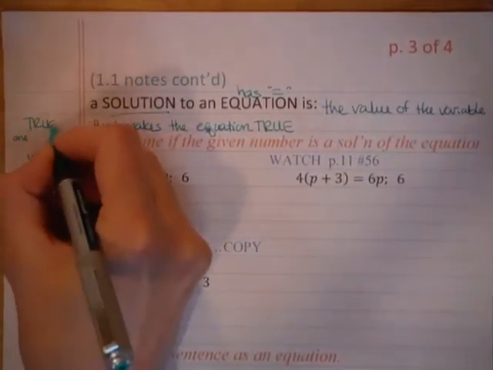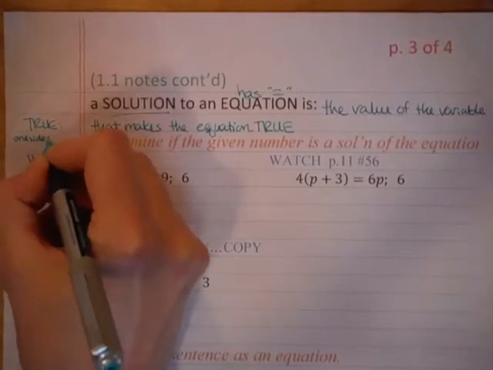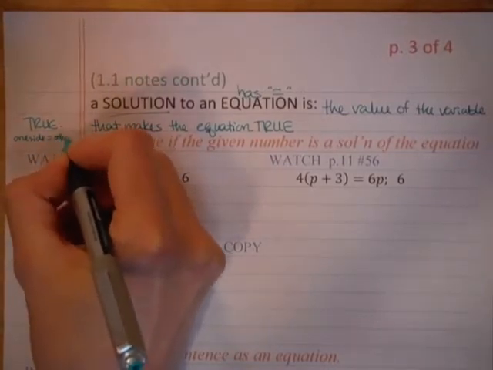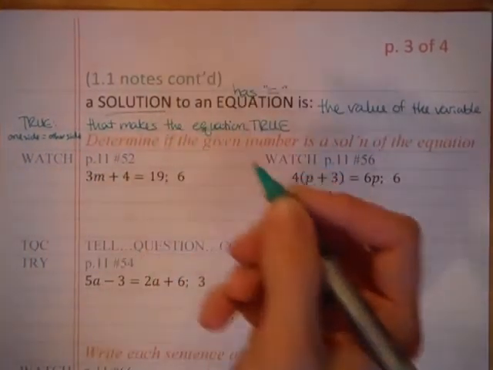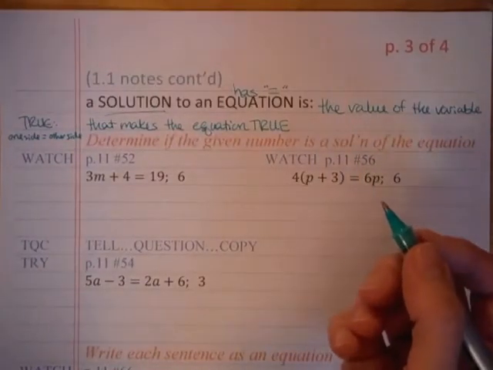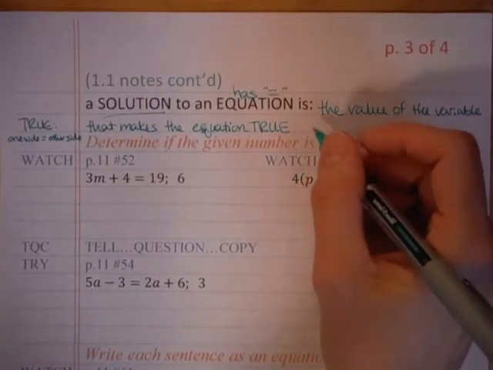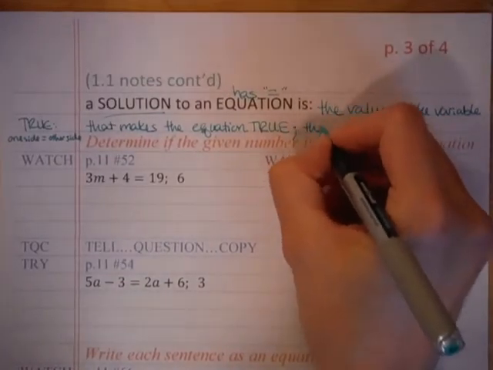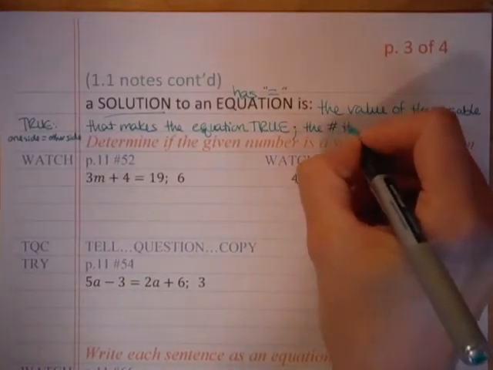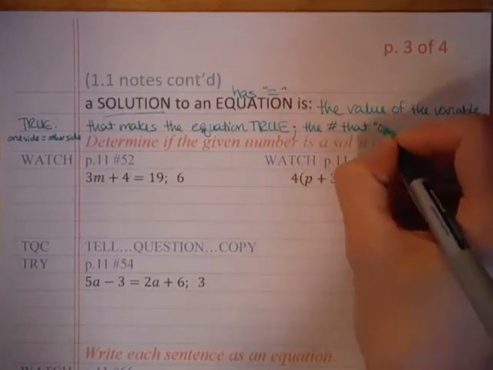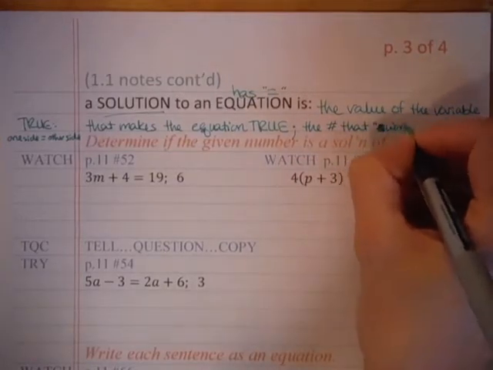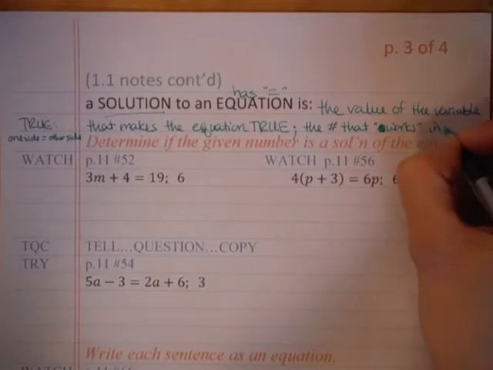A true equation means one side equals the other side. So you might end up with 7 equals 7 or something like that, or 0 equals 0. So it's the number that works in the equation.